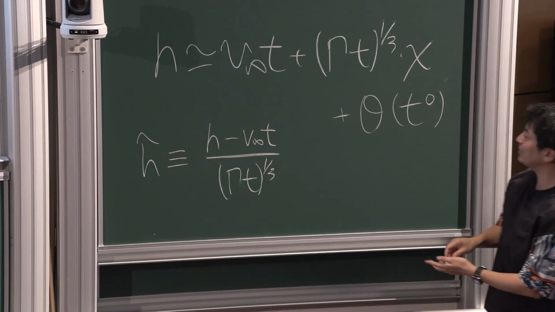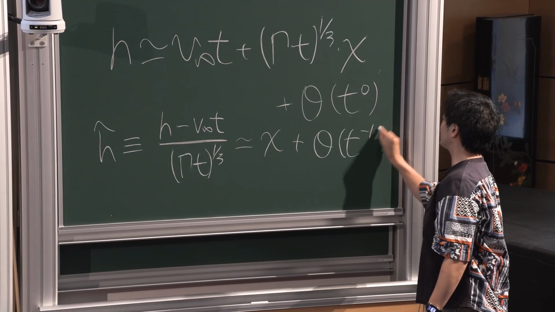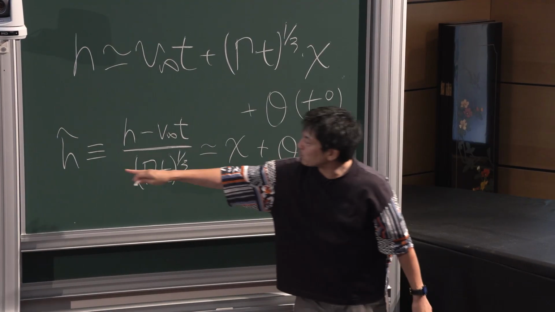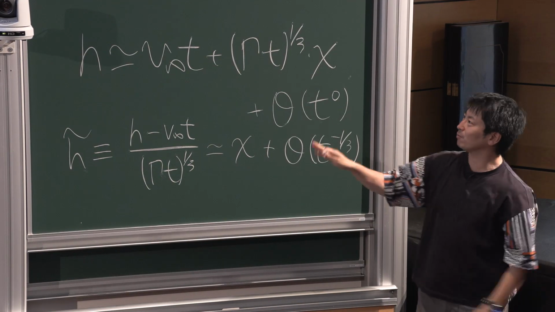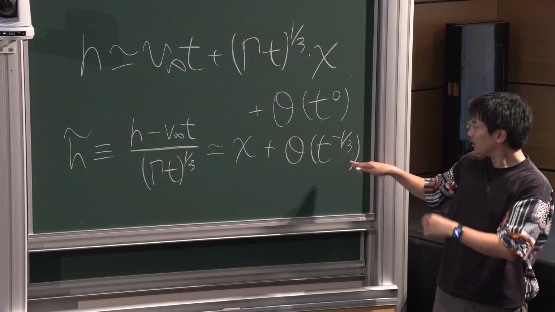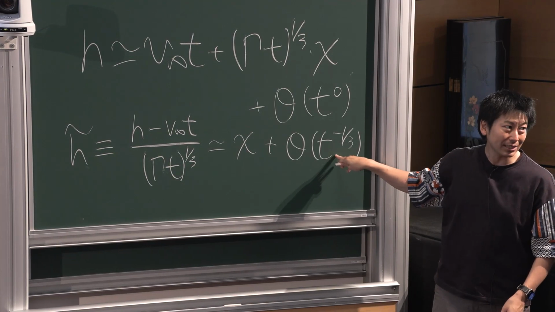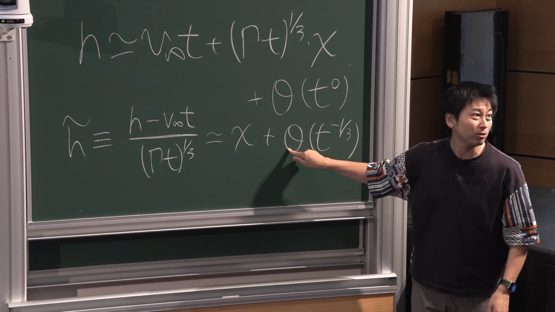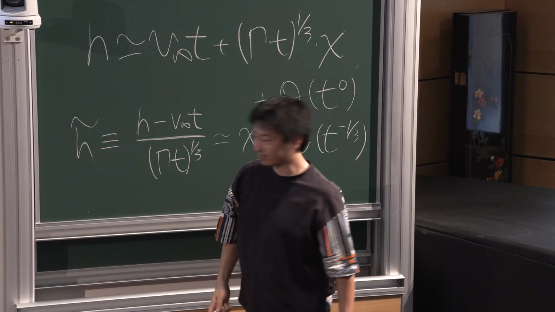But because of this subleading term, it gives chi plus something times t to the minus 1/3. So if I just plot the histogram of this h tilde, I see deviation from the Tracy-Widom distribution of order t to the minus 1/3. That deviation was indeed confirmed to decay as t to the minus 1/3. So I evaluated the coefficient in front of this term, and I subtracted it. This is what you see here.